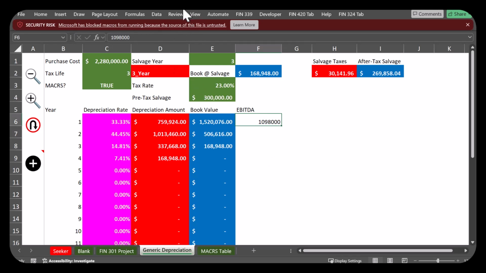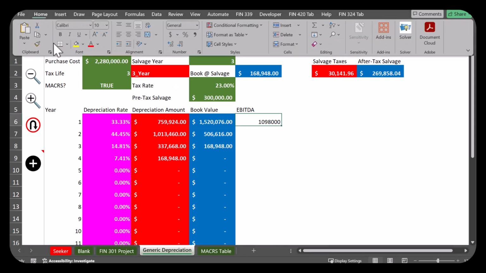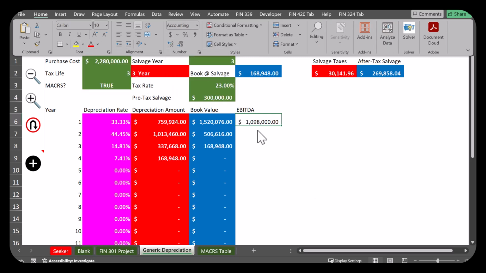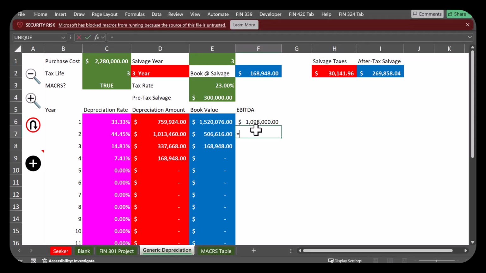Let's make that into a proper format. For the rest of the years, they are the same, so I'm just going to copy them.